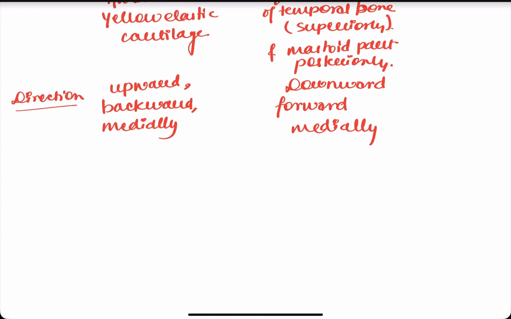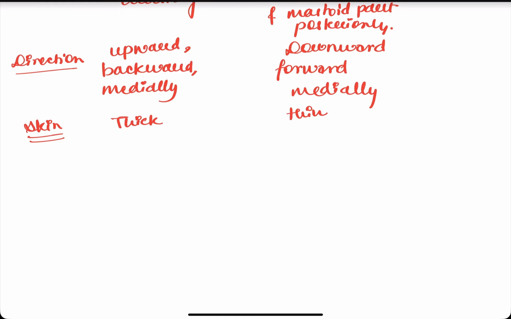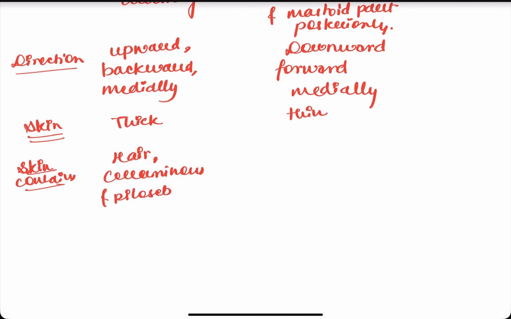The skin in the cartilaginous part is thick and the skin in the bony part is thin. In the cartilaginous part there is the presence of hair, ceruminous and pilosebaceous glands, and these glands produce wax.